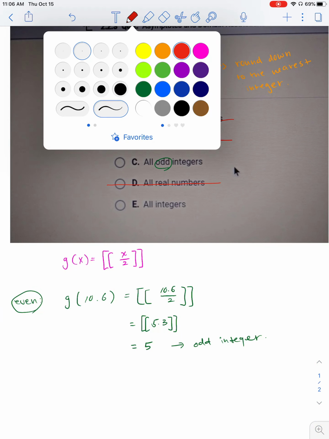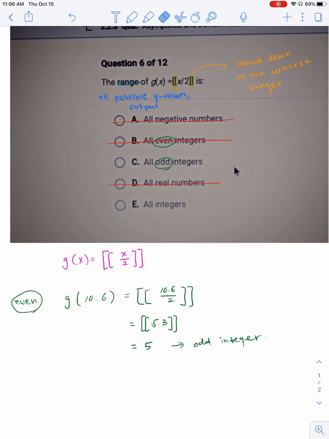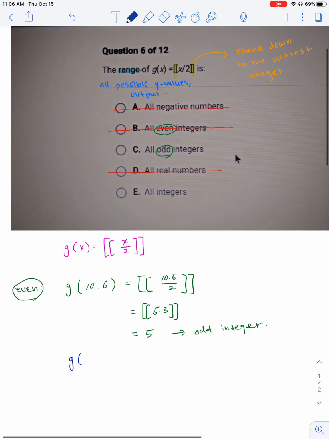I could do the same thing. So here, instead of 10.6, let me rewrite. Should we go with 15.2? If I choose 15.2, same thing.